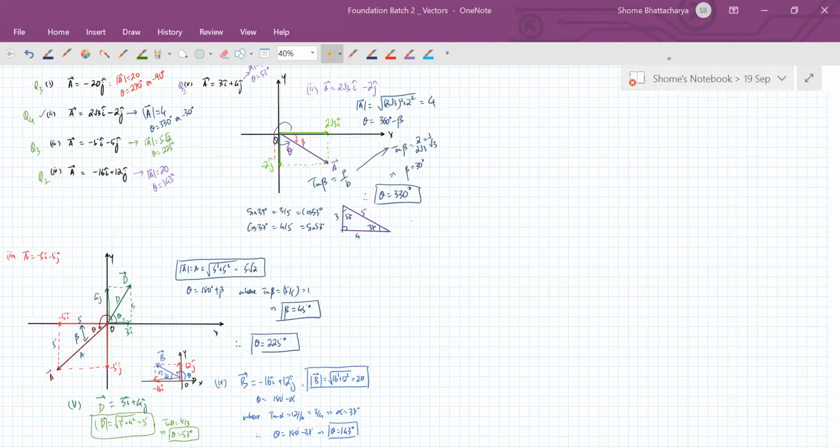Okay, good. So now let's move on to some of the doubts from the discussion of the test. So just a moment, I'll share the test paper.